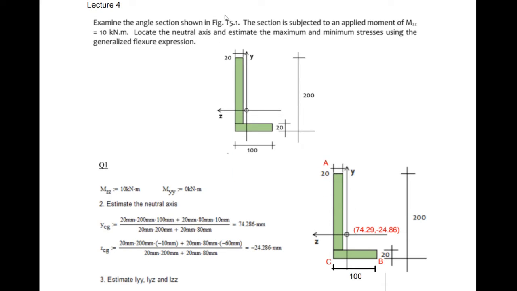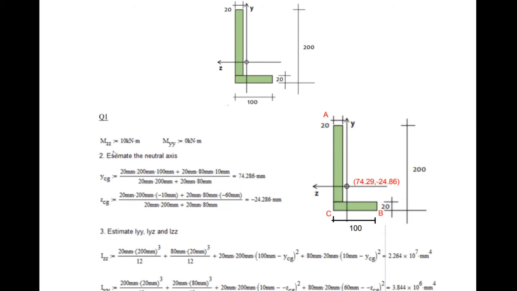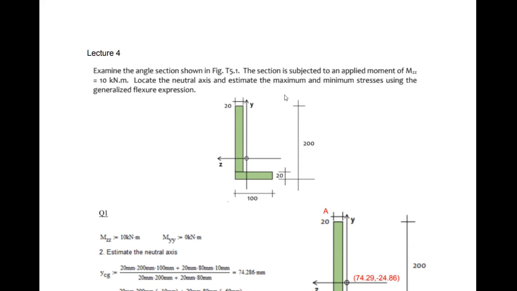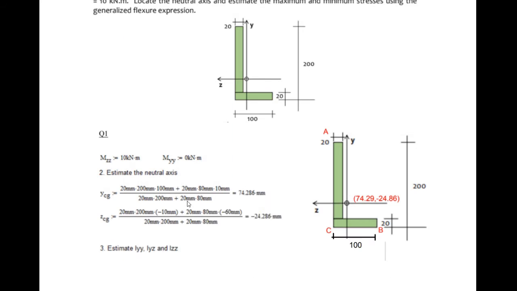So the question asked is about locating the neutral axis and the maximum and minimum stress using the generalized flexure formula expression. The data given is Mzz is equal to 10 kilonewton meter and Myy is 0, as it is not mentioned that there is Myy, so we assume it as 0.